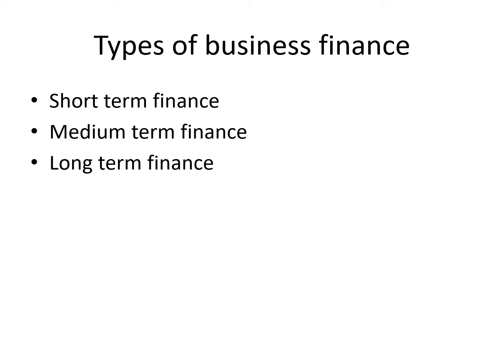Second is medium term finance, where the time duration is more than 1 year, up to 5 to 7 years. Then we have long term finance, which is more than 7 years, up to 30 years. So these are the different types of finance which can be available in the financial market for the facilitation of your business.